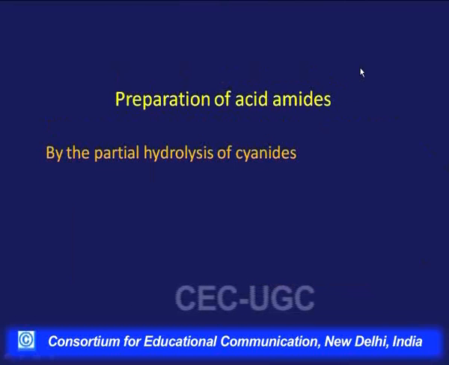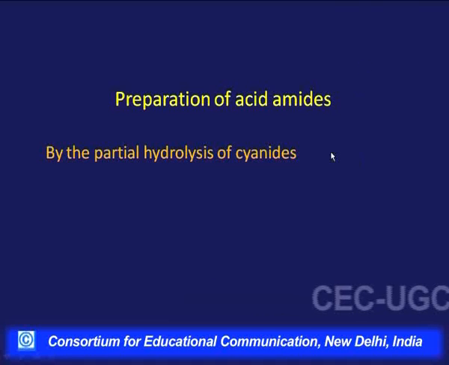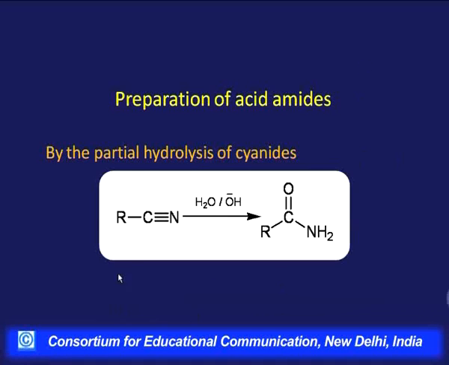Then amides can also be obtained by the partial hydrolysis of cyanides. Cyanides are the compounds having a carbon-nitrogen triple bond. When they are partially hydrolyzed, that is, one of the pi bonds is cleaved, then what happens? Hydrogen of the water goes to nitrogen and OH comes to carbon, and there is a C double bond N between carbon and nitrogen.